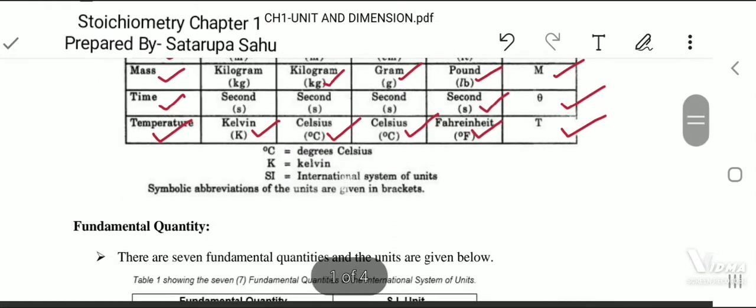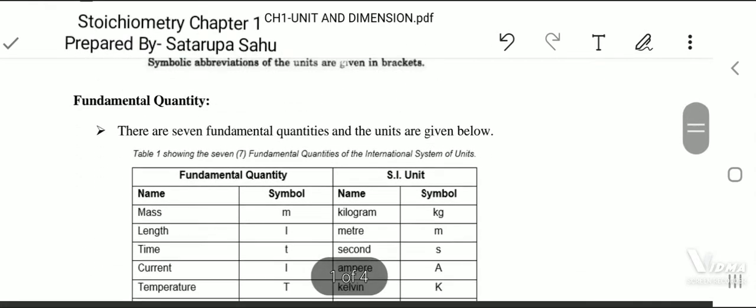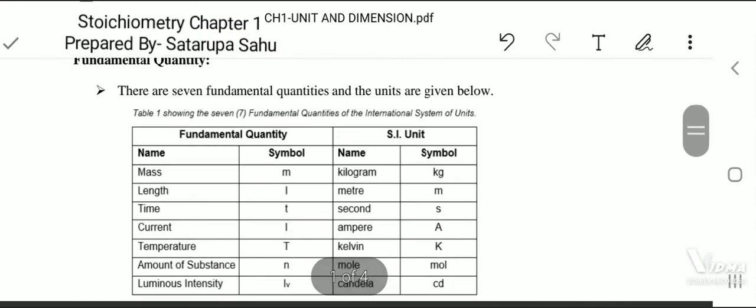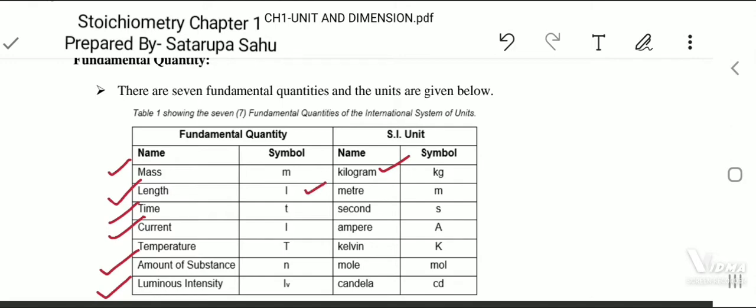Now, let's come to the fundamental quantities and their units. There are 7 types of fundamental quantities. They are mass, length, time, temperature, current, amount of substance, luminous intensity. The symbol for mass is m and the unit is kilogram. For length it's L and the unit is meter.